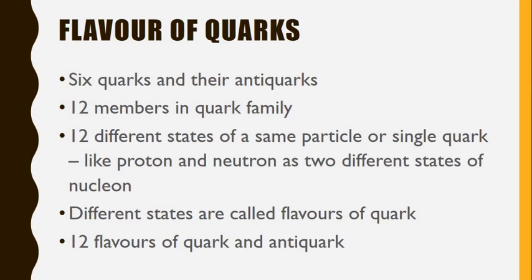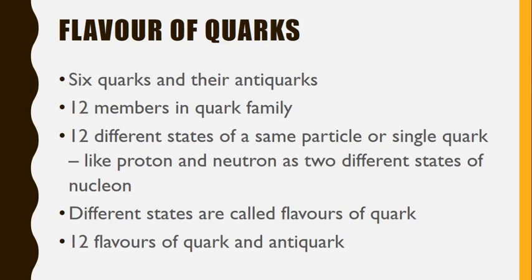So this quark family consists of 6 quarks and their antiquarks. So 6 quarks with their 6 antiquarks form 12 members in a quark family. We can consider these 12 members as 12 different states of the same particle or a single quark.